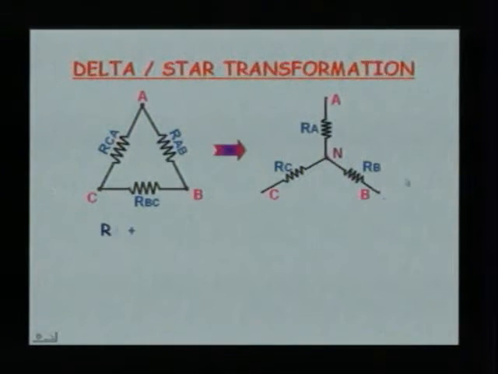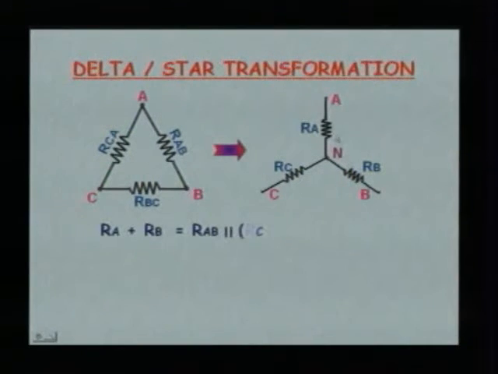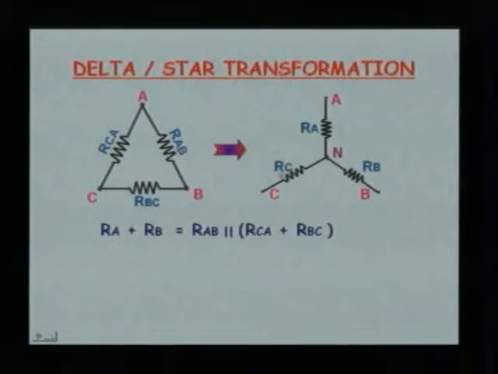We have got the resistance in star network between terminals A and B being RA and RB. The RC is kept open, so that is not in the circuit. So, we have got these two in series, which is represented by RA plus RB. If you look at the delta configuration, across A and B terminals, we have got RAB as well as RCA and RBC.